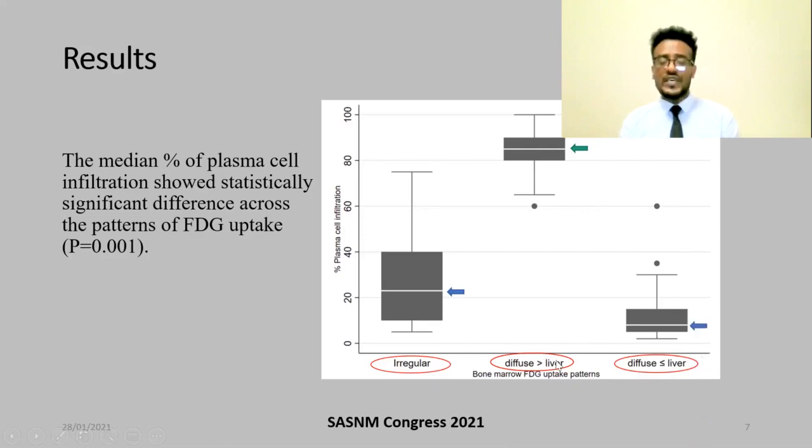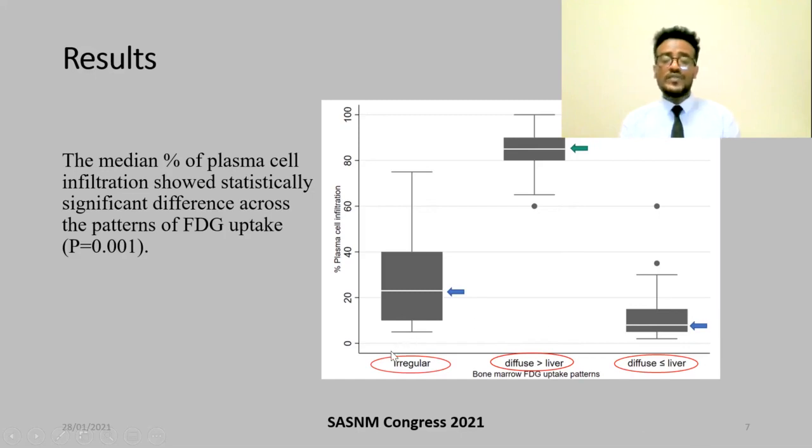And in addition to that, our results showed that all patients with uptake pattern of diffuse greater than liver demonstrate a percentage plasma cell bone marrow infiltration of greater than 60%, and the majority of the patients with uptake pattern of diffuse less than or equal to liver demonstrate percentage plasma cell bone marrow infiltration of less than 10%.